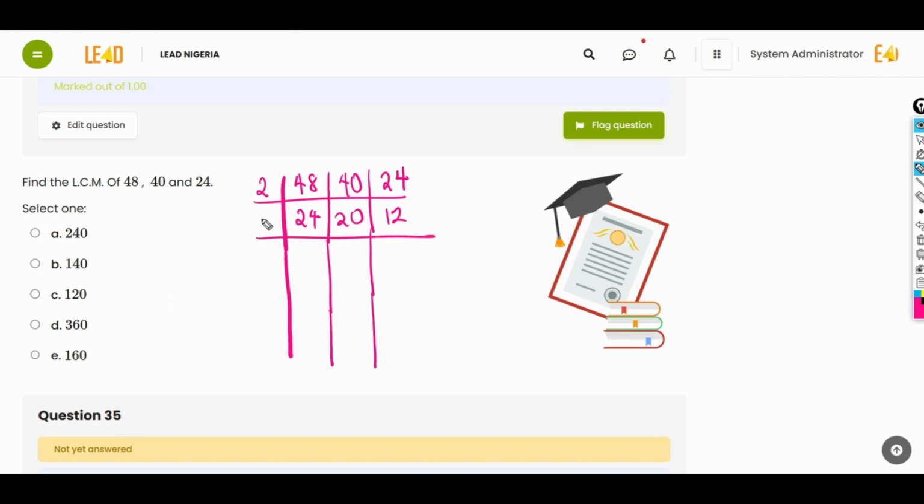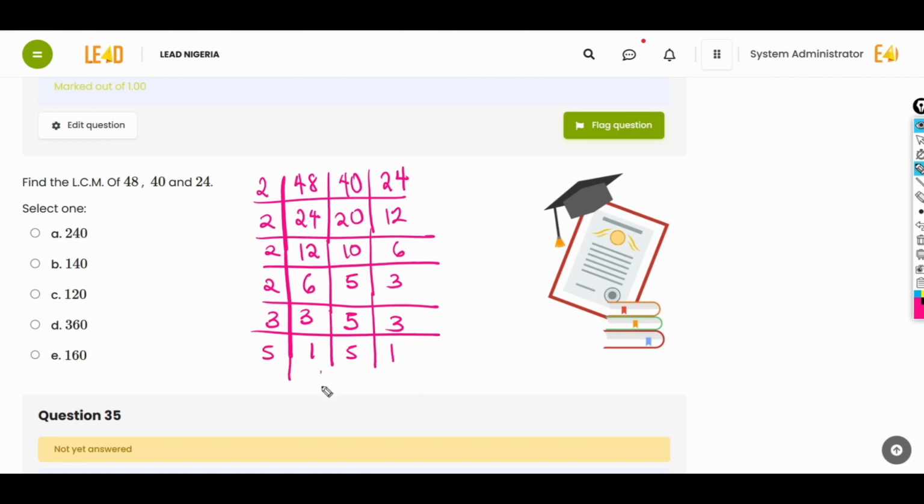You can still use 2 again. This gives me 12, 10, and 6. Good. I can use 2. I have 6, 5, and 3. I can use 2. I have 3, 5, 3. I can use 3. I have 1, 5, 1. And then I use 5. I have 1, 1, 1.